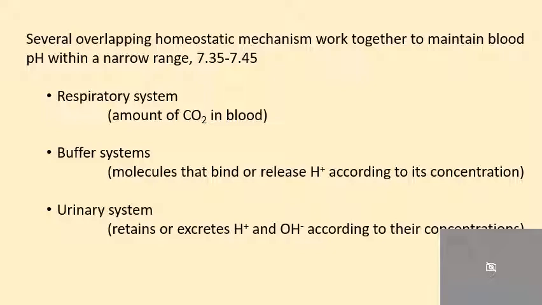And so we do have that narrow range, and your blood pH is defended by several overlapping homeostatic mechanisms that work hard to keep it within that range. When we get to the respiratory system, we'll talk a lot more about blood pH, but we're at the urinary system. So your kidneys can contribute to raising or lowering as needed the pH of blood by retaining or excreting hydrogen ions and hydroxide ions according to need.